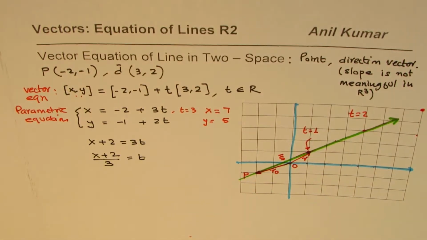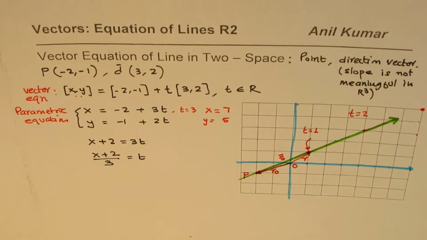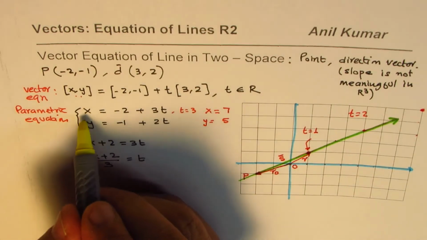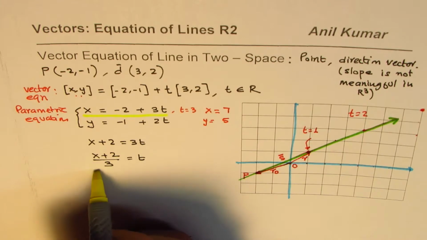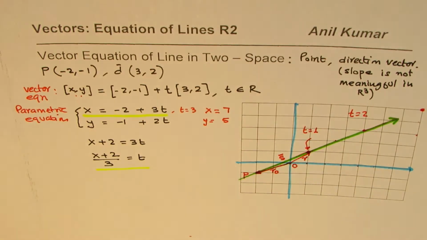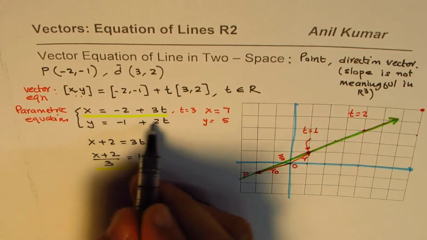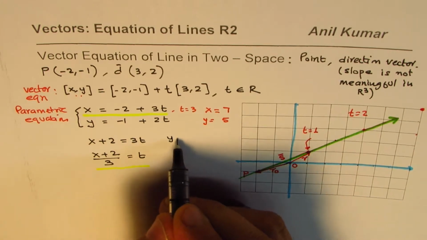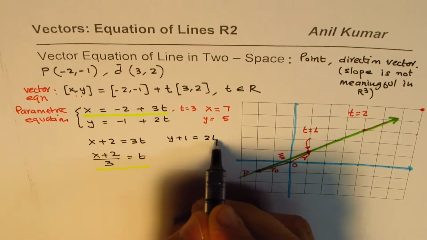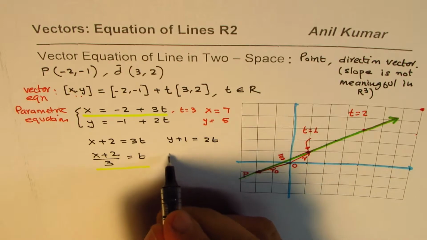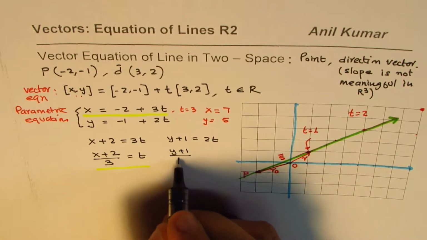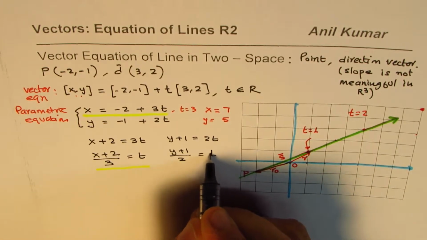From the first equation, we got the value of the parameter. If we do the same operation on the second one, we get y plus 1 equals 2t, or y plus 1 divided by 2 equals t.